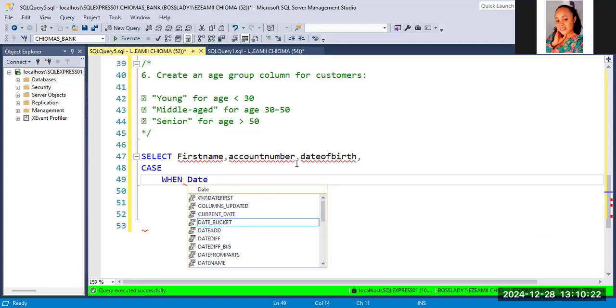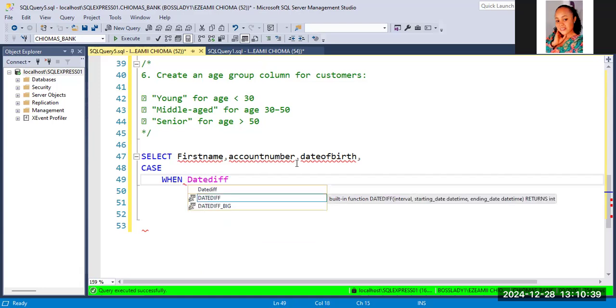We use a function. We've not actually done this function before. But if you have data with year, month, and day, and not something like 30 years, 20 years, you have to use the date function to be able to get your data, okay?